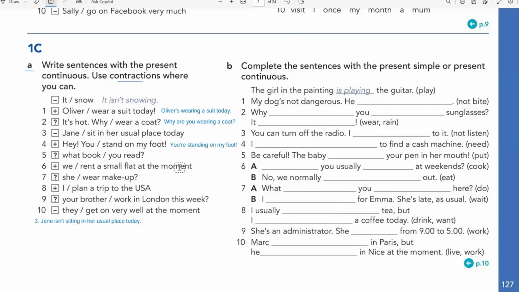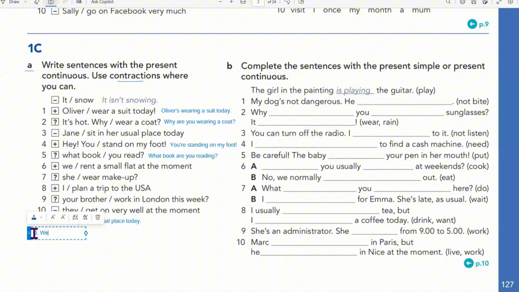Number 5 is a question. What book you read? For you, we use are. So, what book are you reading? What book are you reading? Number 6, we rent a small flat at the moment. Yeah, we've got at the moment. So it indicates that we should use present continuous here. So I'm going to write at the bottom here, number 6.